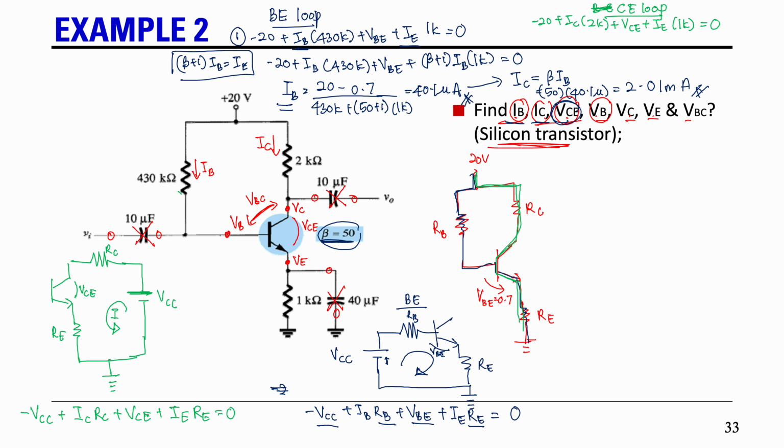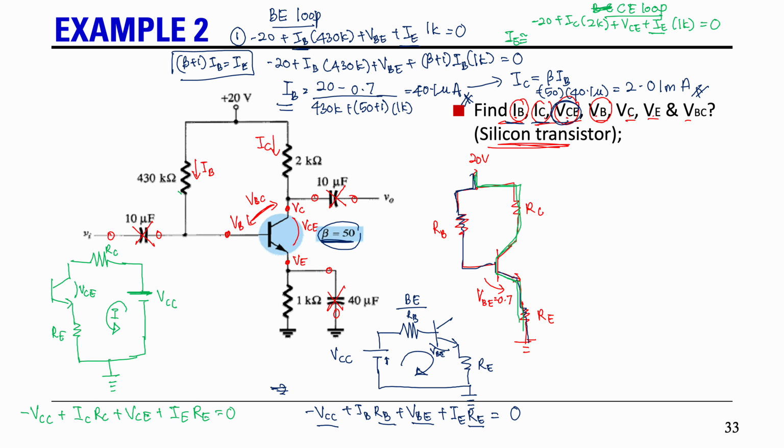And then we have two unknowns, same as before. IC we know, but our unknowns here are VCE and IE. We cannot have two unknowns with only one equation. So what can we do? We substitute. What can we substitute? The value of IE. We can substitute it with what?